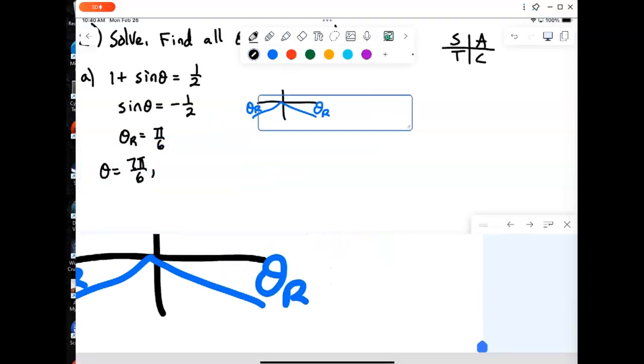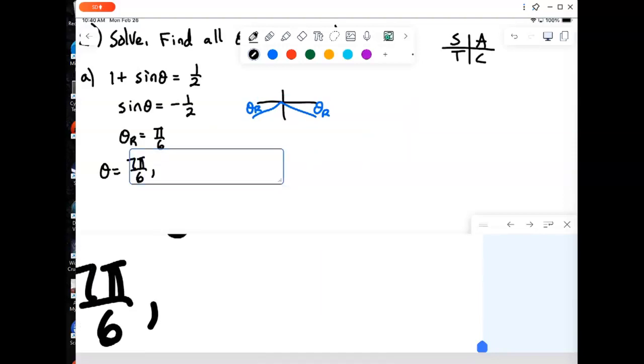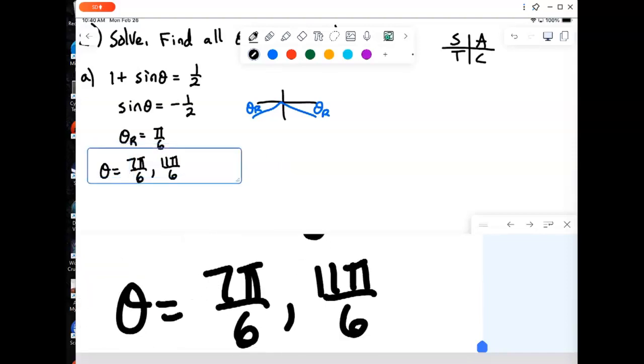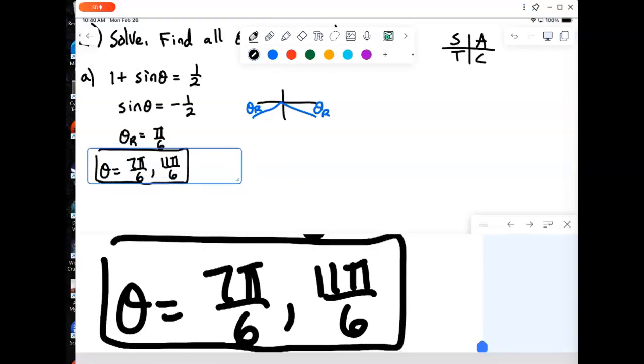In the other case, we're that much short of 2 pi, so it'll be 2 pi minus pi over 6, which is 11 pi over 6. Okay, so now we found our solution. Again, it's really important to remember those exact values.